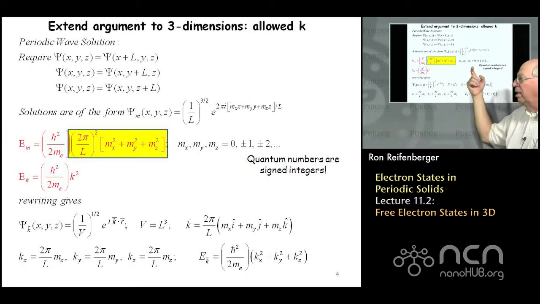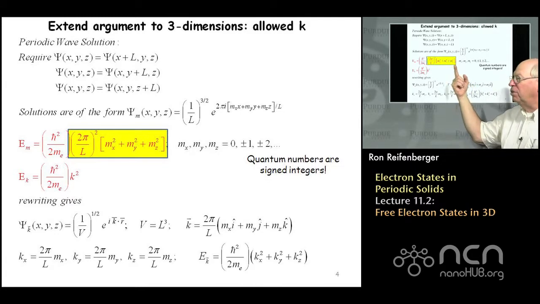So these parameters mx, my, and mz are quantum numbers associated with each state, and they are signed numbers. In principle, they could be plus or minus a certain value.